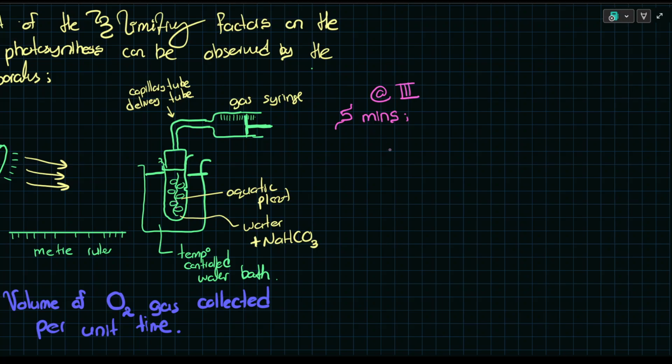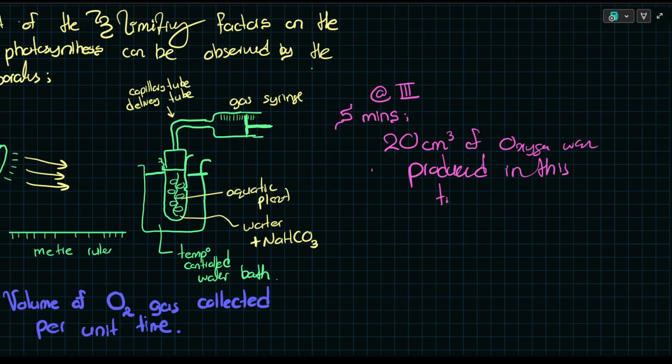So for example, let's just say we have produced 20 cm3 of oxygen in this time period.